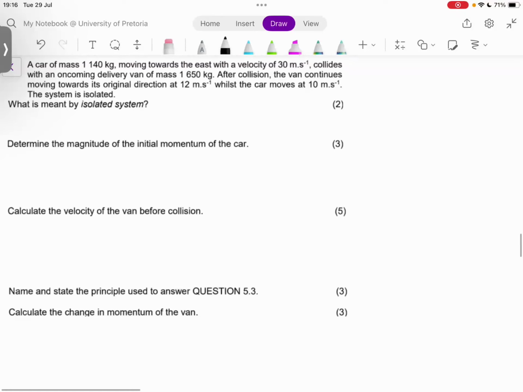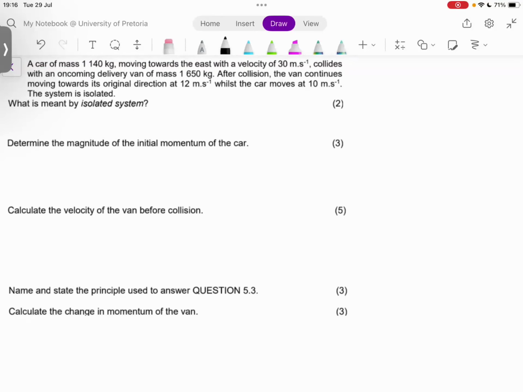We have the scenario over here. A car of mass 1,140 kilograms moving towards the east with a velocity of 30 meters per second collides with an oncoming delivery van of mass 1,650 kilograms. After the collision, the van continues moving forward towards its original direction at 12 meters per second, whilst the car moves at 10 meters per second.